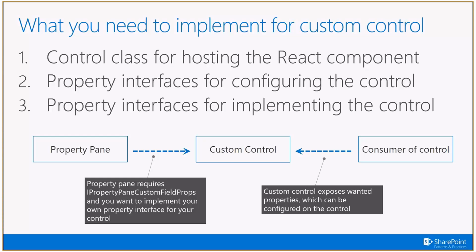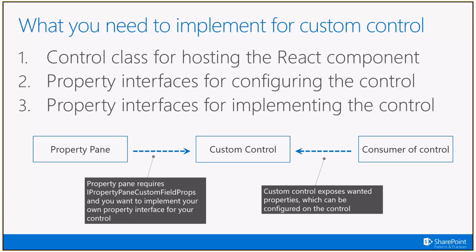True. And obviously we mentioned this when we started the introduction. If you were implementing a custom control outside of the property pane, to be used as part of the rendering of your client-side web part, it could be a custom control combining, let's say, three different Office UI Fabric components, but exposing a simplistic interface to set the properties, and it renders those three components in a certain way.